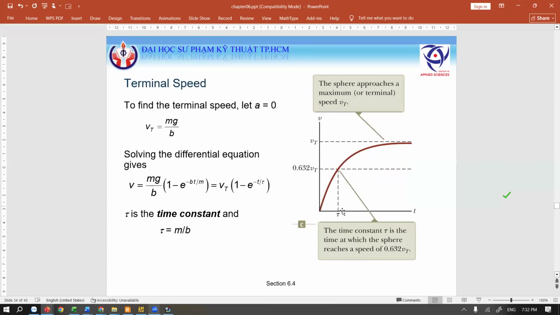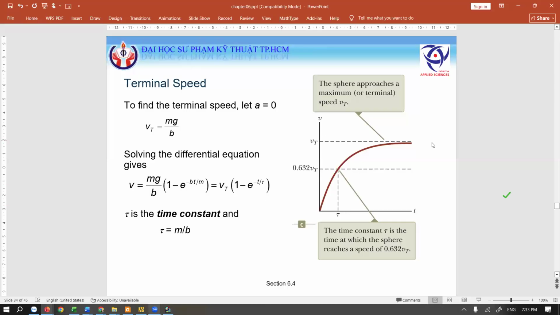And if we draw the graph of v versus t, you have this curve. You see that at the beginning the velocity increases very fast, but then the rate of increase gets smaller, and then it reaches a constant value of vt after a while.